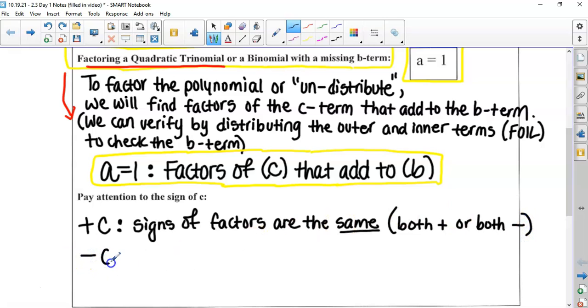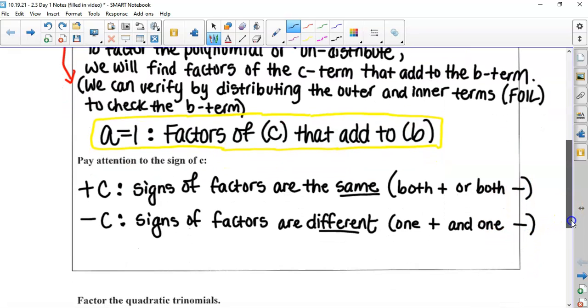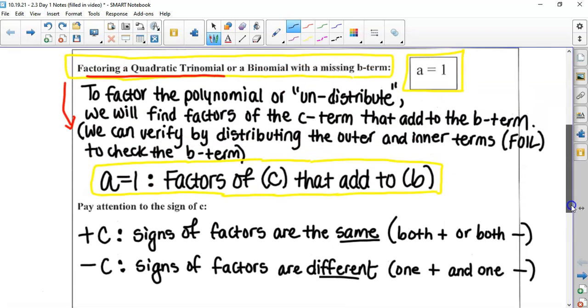When c is negative, signs of the factors are different. One positive and one negative. So right here in this box is the mental conversation we're going to work through as we practice.